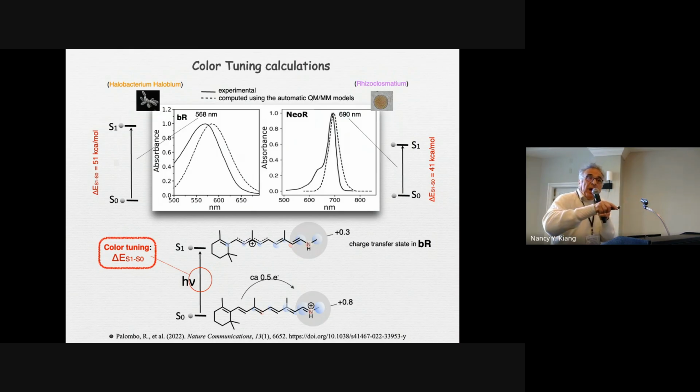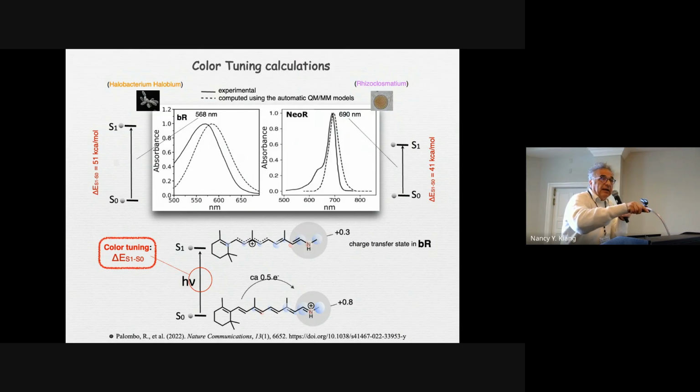Now, think about the electrostatic field that the environment, the protein, will project on the retinal chromophore. If this electrostatic field is stabilizing the positive charge in this region, then you will have a blue shift, because you stabilize the ground state with respect to the excited state.